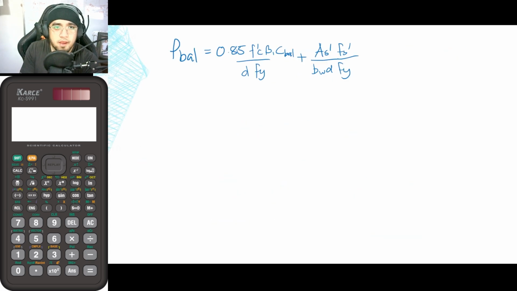So from that, rho balance is now equal to 0.85 times F prime C times beta 1 times C balance, and once again, C balance is equal to 600 over 600 plus Fy times D. Okay, apologies.